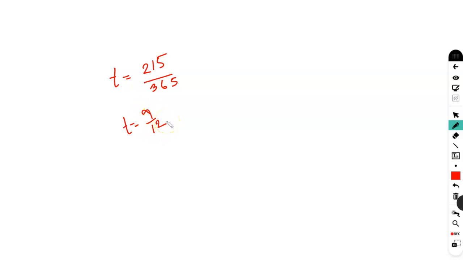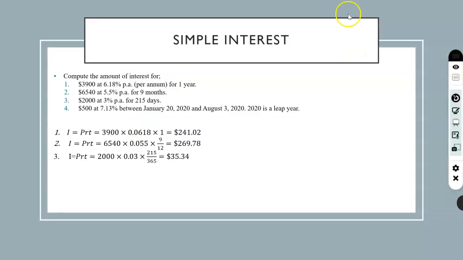Because there are 12 months in a year, you need to convert this into the number of years. If you do that, you will get T as 9 over 12. And if you multiply, you will get interest as 269.78.